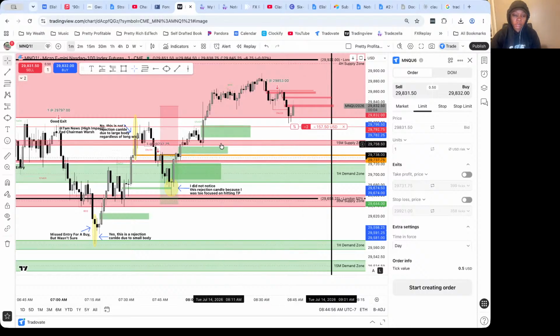So we had two fair value gaps form on this 1 minute. Should I have taken it at 60? I don't know. It's my first official day. Well, yesterday was my first official day, but today I'm way more locked in. I know what's going on.